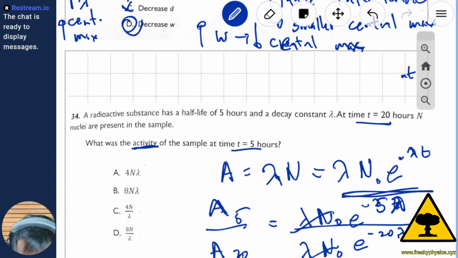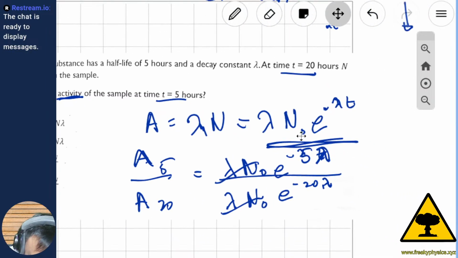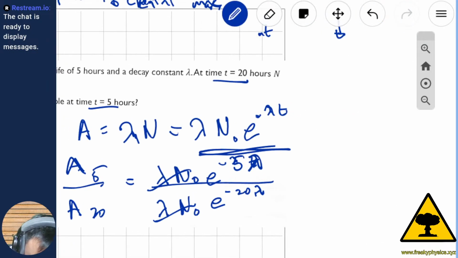So from here we just continue. Let's just express A5 now. Hold on. Is there a shortcut? Yeah, I think so. We'll do that later.